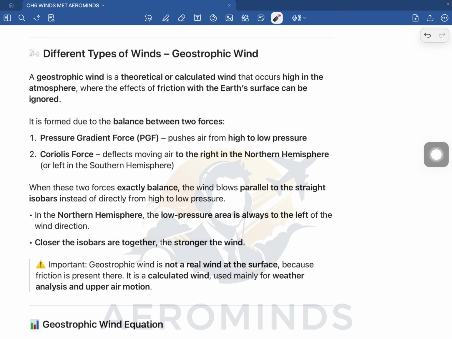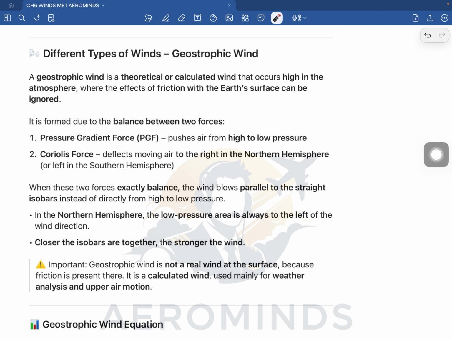This friction will slow the wind down and disturb its direction. Now, let us understand how this geostrophic wind is formed. It is formed due to the balance between two forces. Remember the word balance. You already know these forces, but we'll repeat them again.